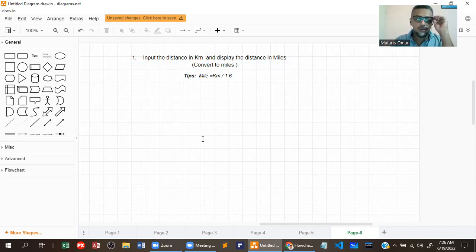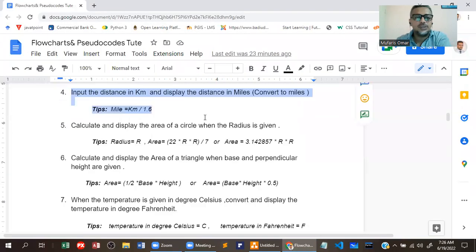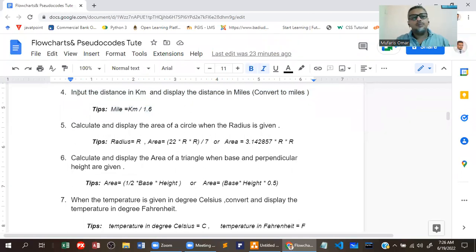Okay, let's do it like this. Write down these questions, right? First one, input the distance in kilometer and display the distance in miles. So that's the first one, right? So write down these questions.